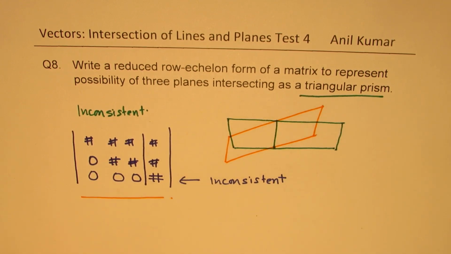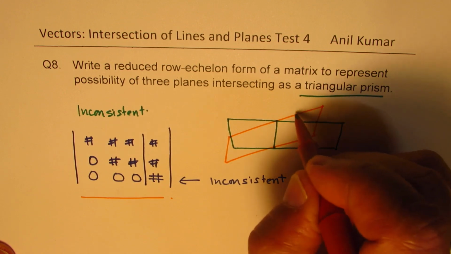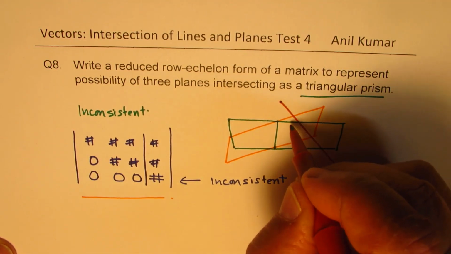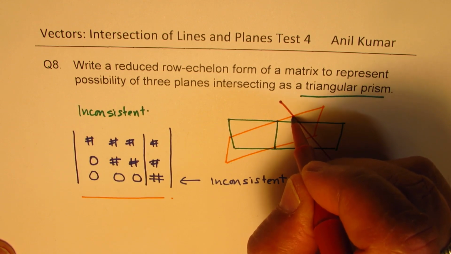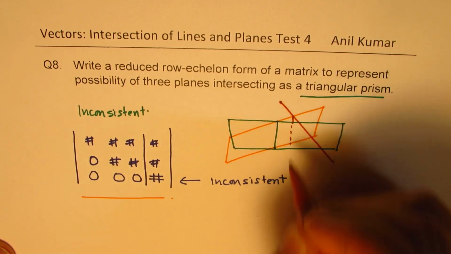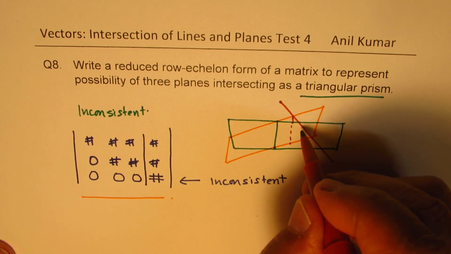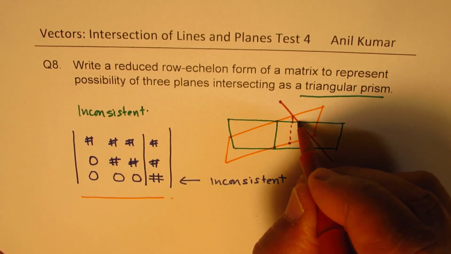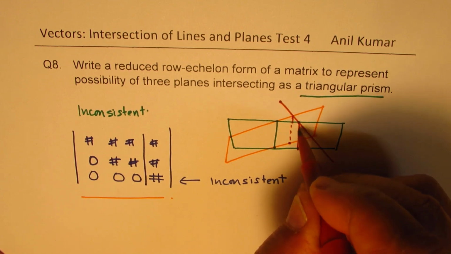However, the third plane does not intersect at this line. The third plane intersects in a parallel line with both these planes, but at a different location. So one could be over here with this plane, and the other one could be here with this plane. Do you understand?